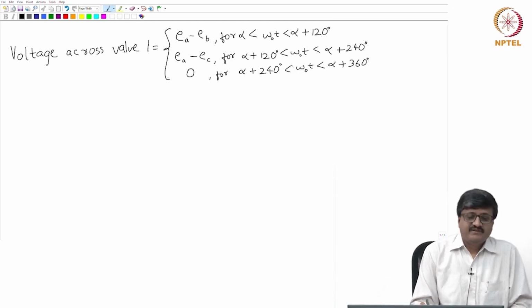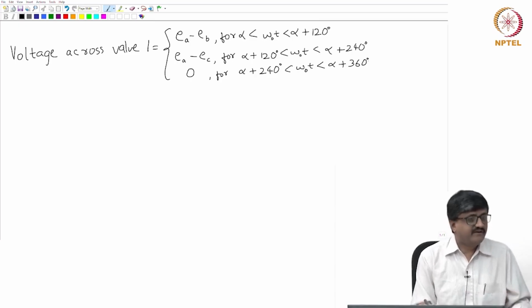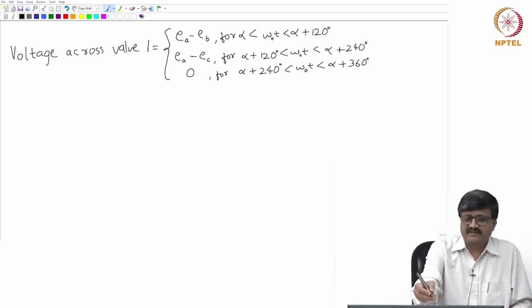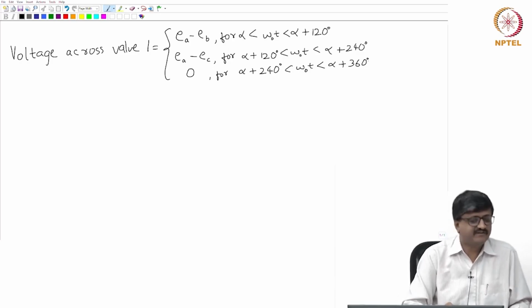So, the inference that one can get from the last column of the table that we have written in the last class is that, this is actually the summary, what I have written now is just a summary of that last column.